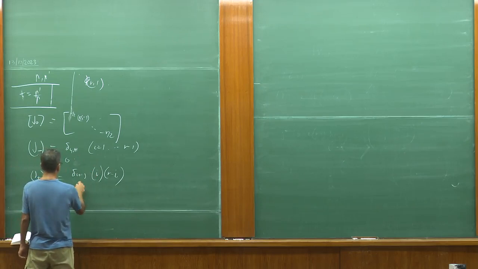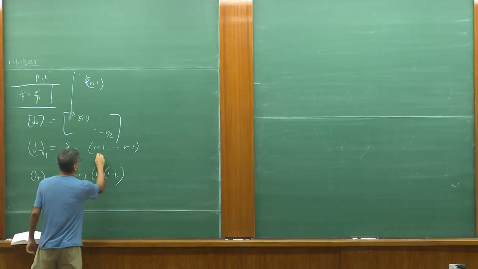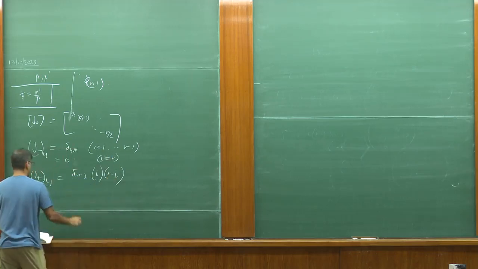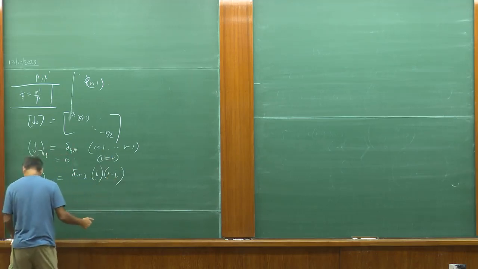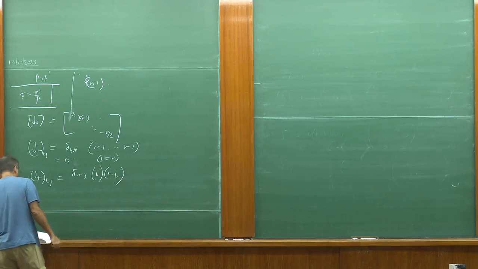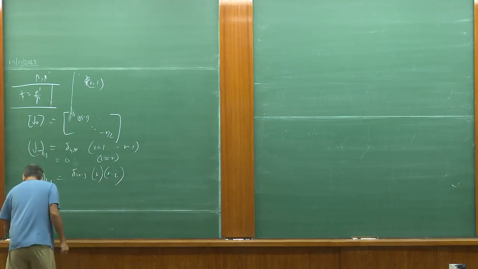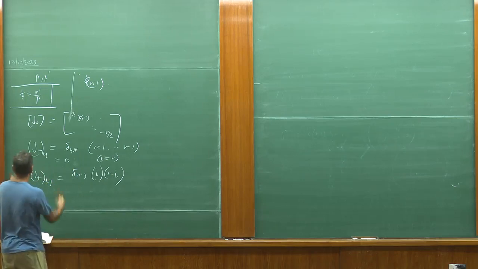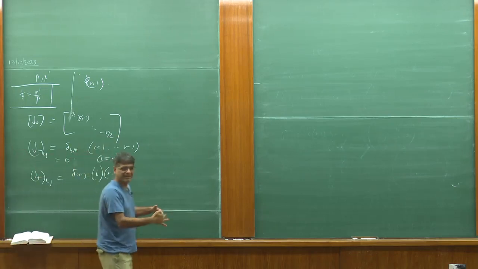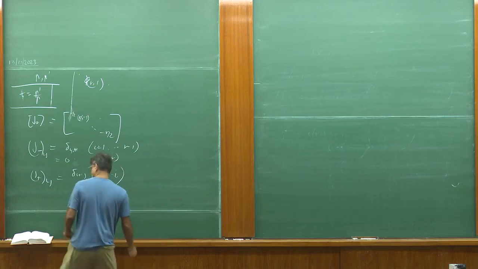So this was 0 if I was equal to R, and this was 0 if J was equal to R. Anyway, you know what I mean, right? It was this lowering matrix and this raising matrix.